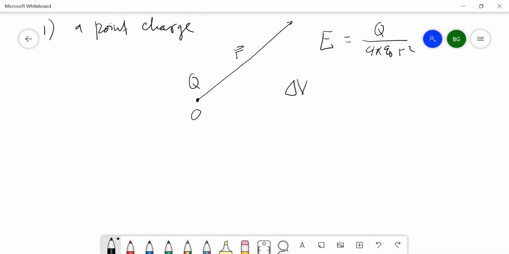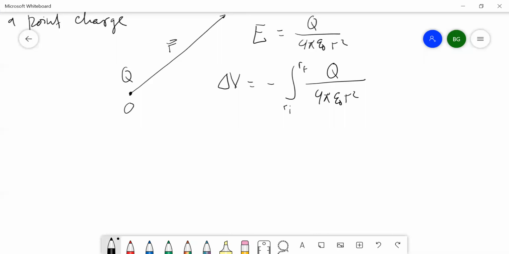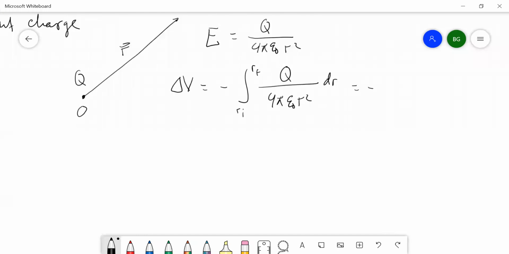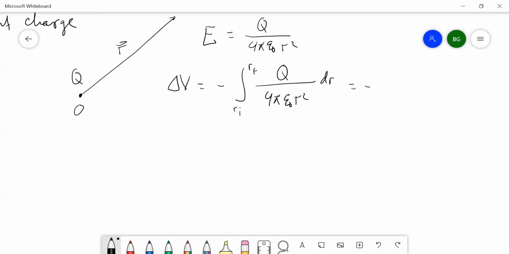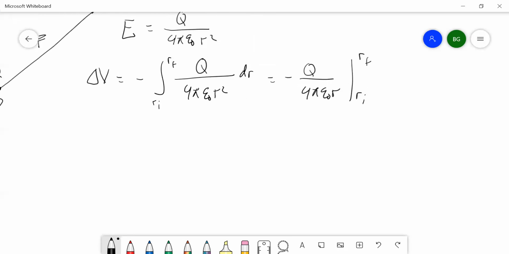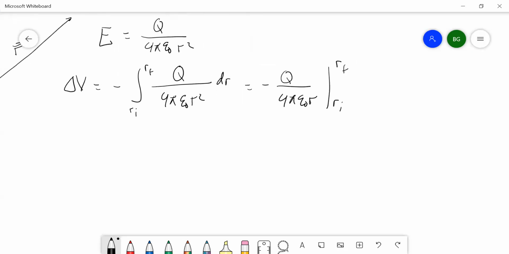So delta V here is minus the integral from Ri to Rf of Q over 4 pi epsilon 0 R squared dr. As you see, this equals minus Q over 4 pi epsilon 0 R evaluated from Ri to Rf.